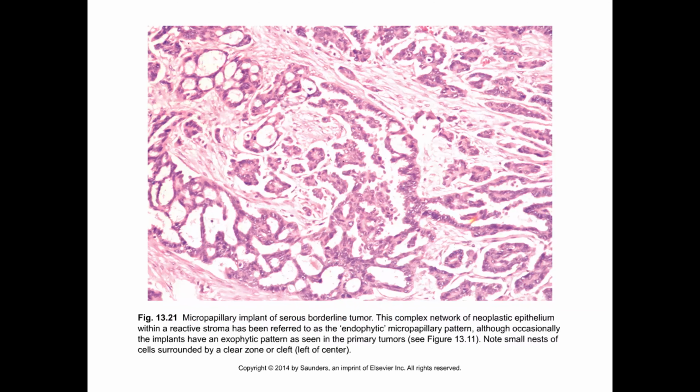In contrast, here is an invasive implant with this micropapillary lesion. Now, this is a higher magnification view, and so it's difficult to see how it relates to the surrounding tissue to qualify it as truly invasive. But the haphazard pattern, the cribriform pattern, and these micropapillary structures should lead you to look very carefully.